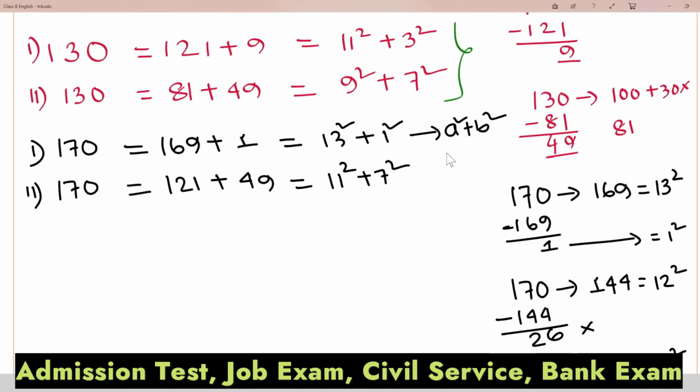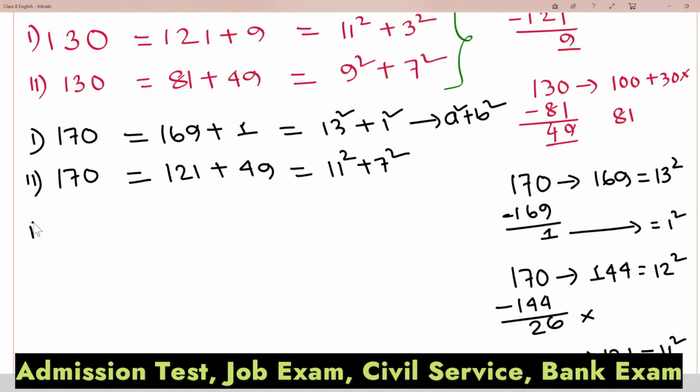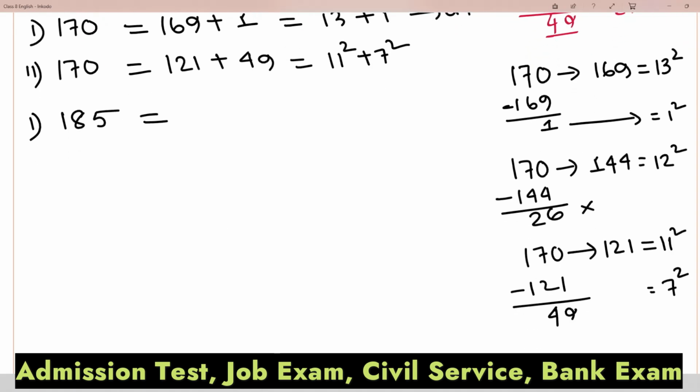Now we will find 185. Which is the closest perfect square to 185? It is 169. Look, the closest perfect square of 185 is 169.